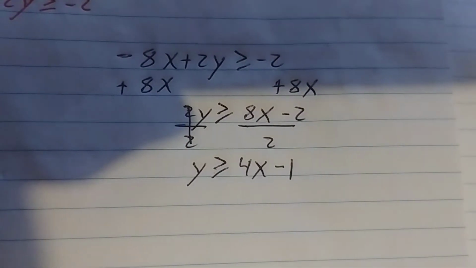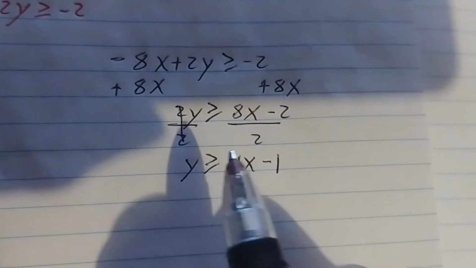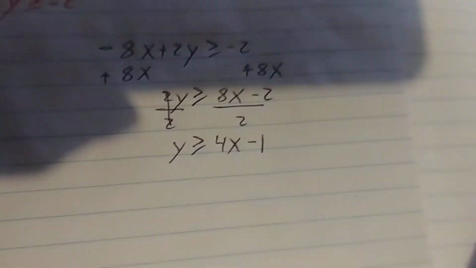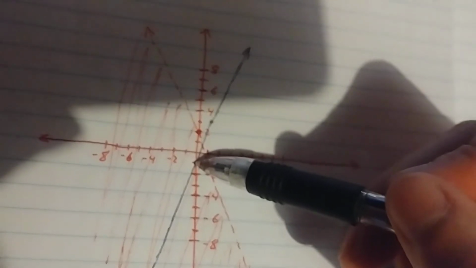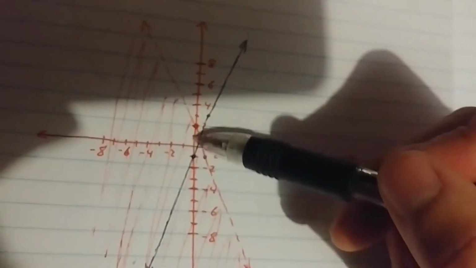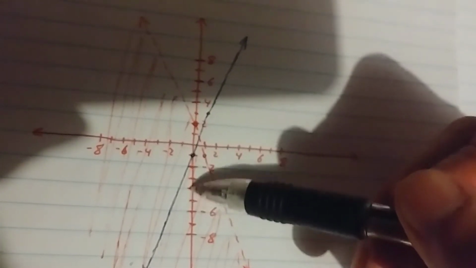And we're almost done. This requires shading, because it's greater than, we're going to be shading above the graph. Now this one's a little bit harder to see where's above and where's below. Just take any point in the graph, like let's take this point. Above, just go here, that's above. Below, that would be this way.